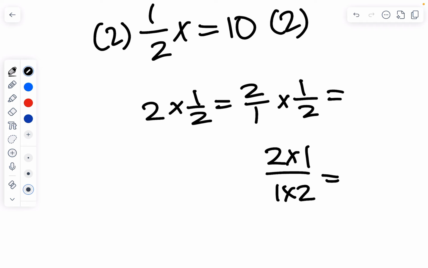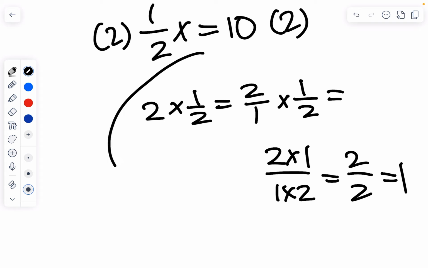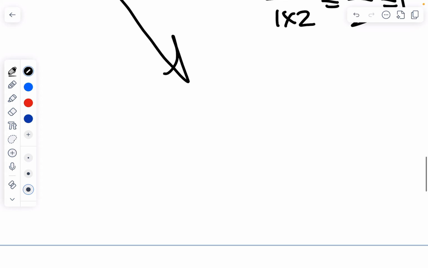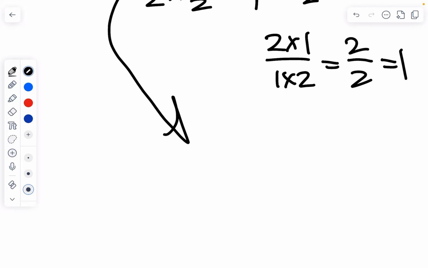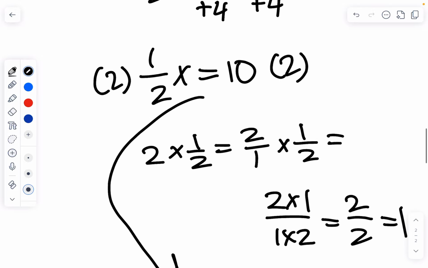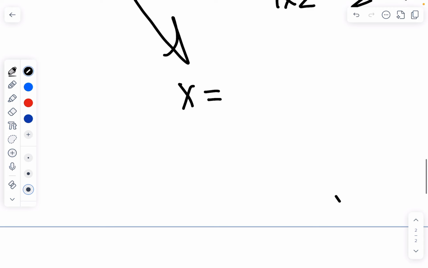And that finally equals 1, because that's just 2 over 2, which equals 1. So that's why when we take our equation up here, we can basically say that 2 times 1/2 is equal to 1, so we're just left with x equals 10 times 2, which is just 20.